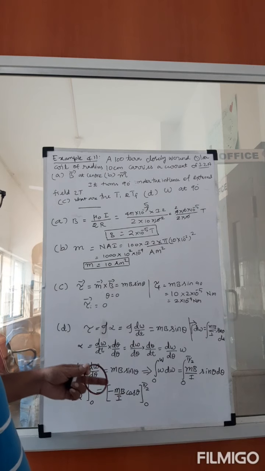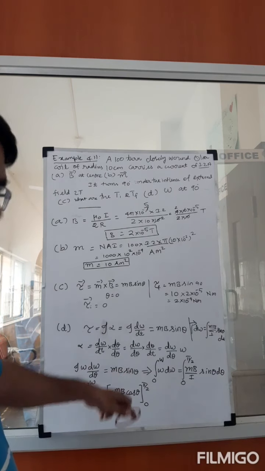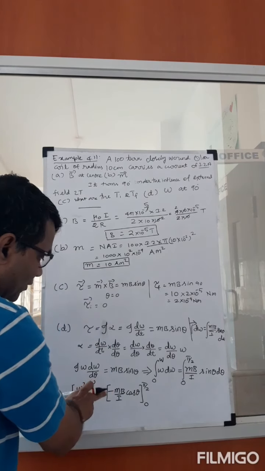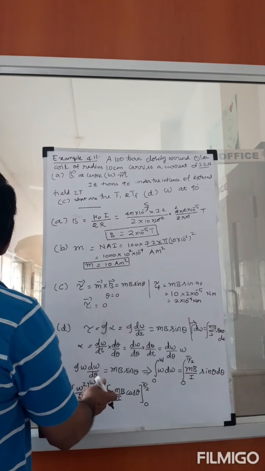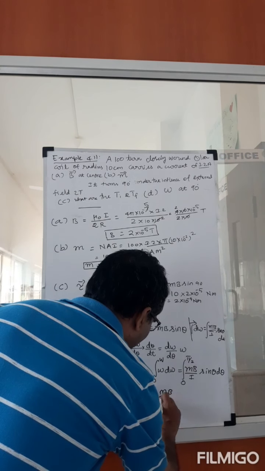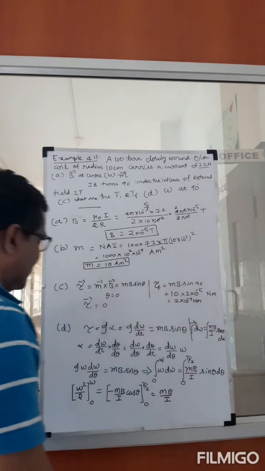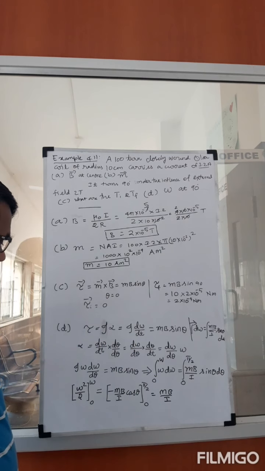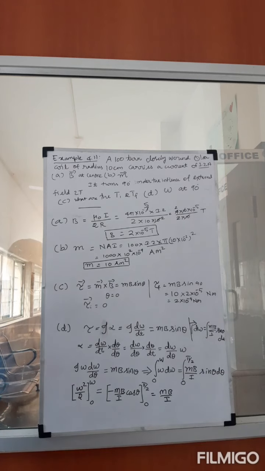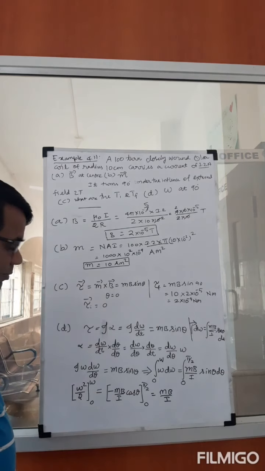So clearly at pi by 2, if I apply the limits, the first one would be 0, then negative of negative will be positive, then I put 0 there and I get mB by I. So this will be omega squared by 2, and I can easily find omega now.